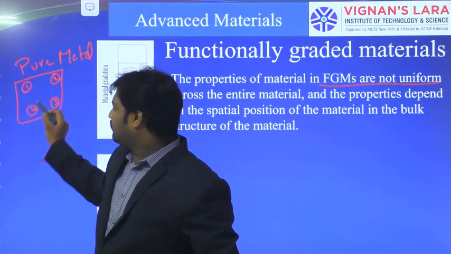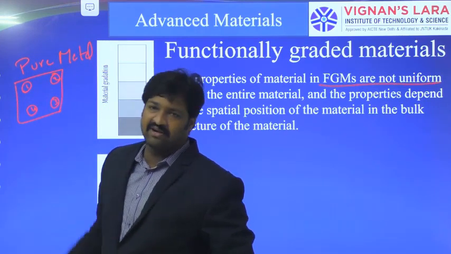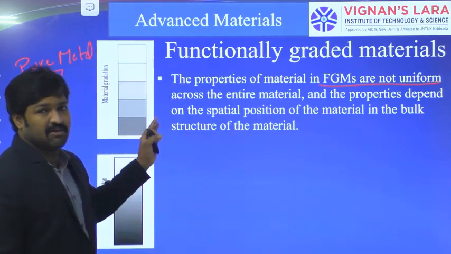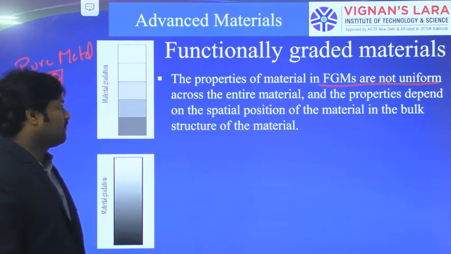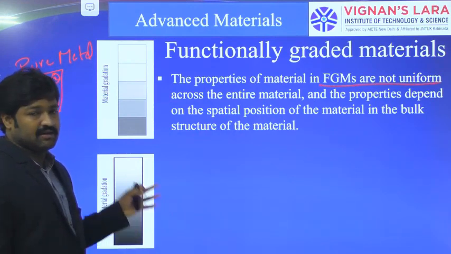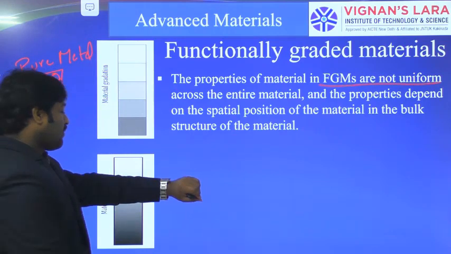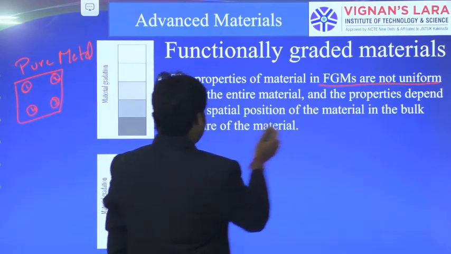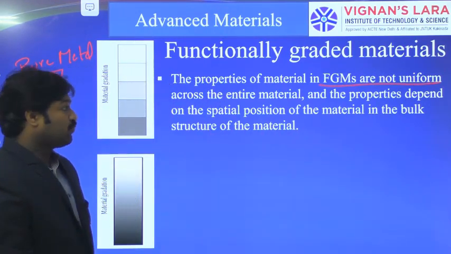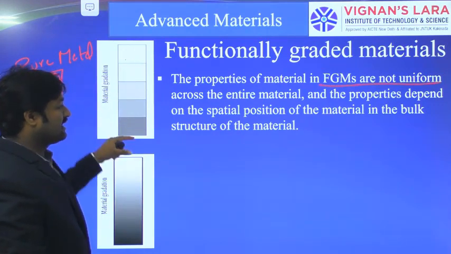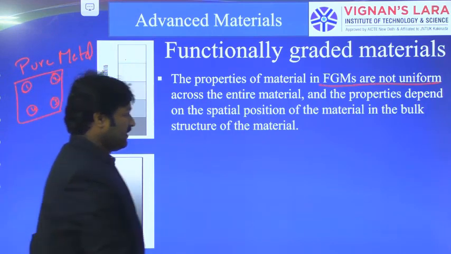In pure metal the properties at different locations are uniform, whereas in functionally graded materials the property is not uniform across the entire material. These properties depend on the spatial position in the bulk structure of the material.